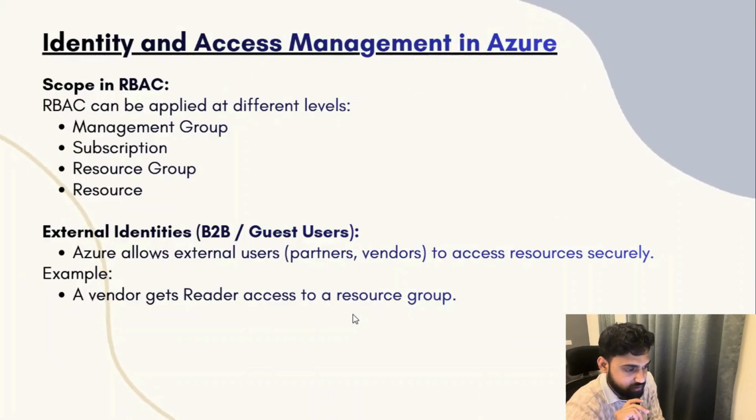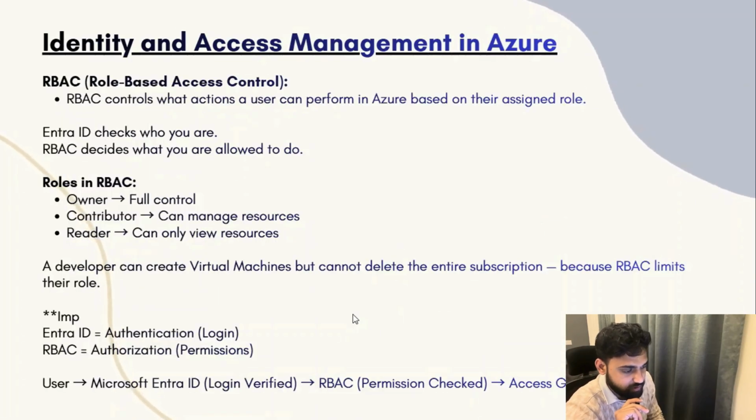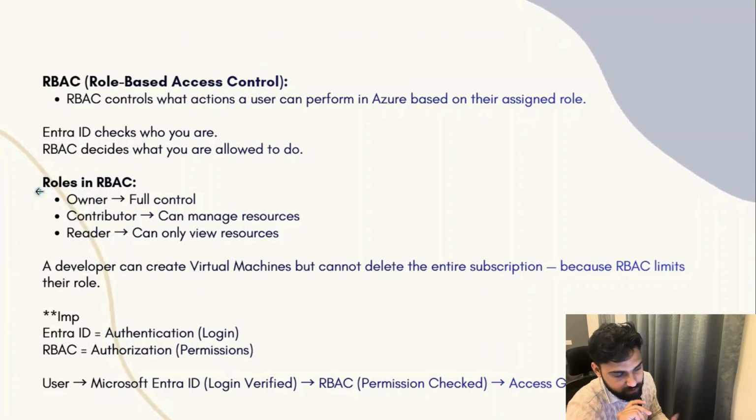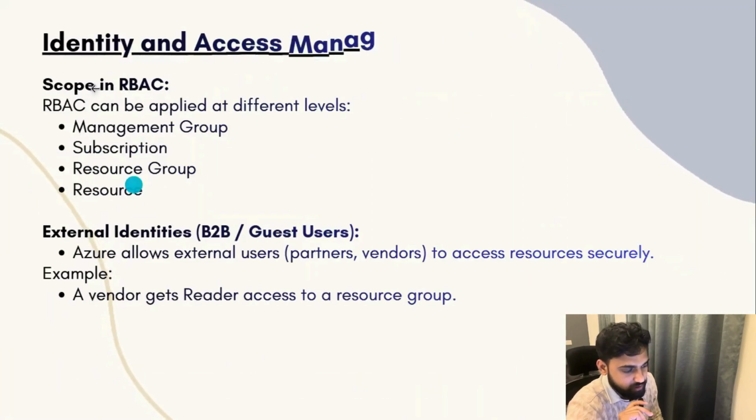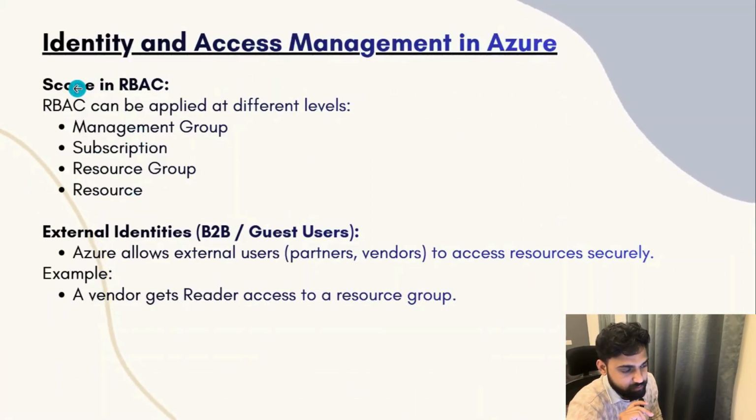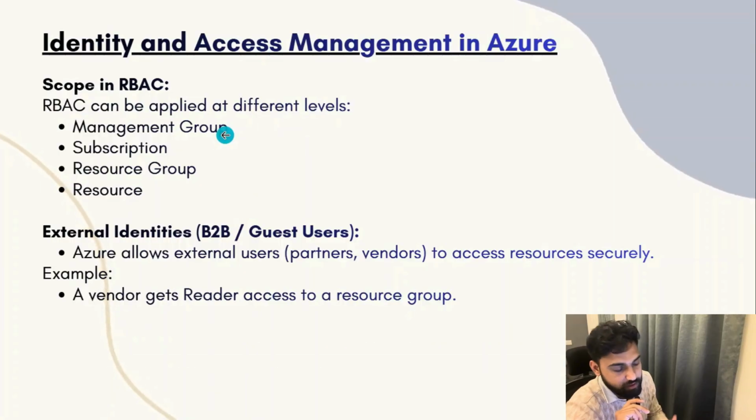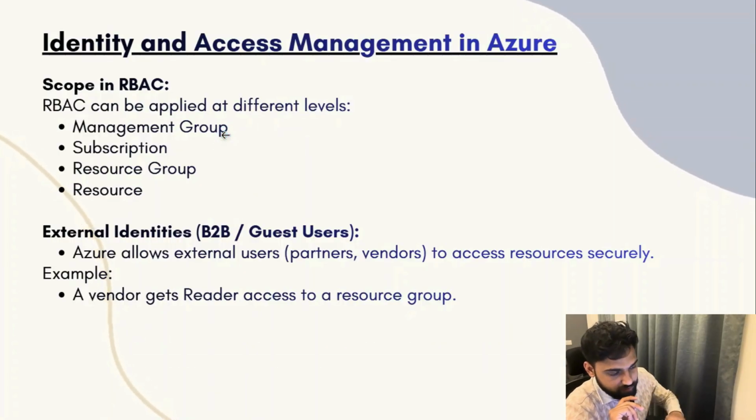You understand what is role based access control. Then we discussed what is a role in role based access control. Then we have the scope in role based access control. Basically scope is nothing but the level at which role based access control can be applied. The scopes are these four: management group, subscription, resource group, and resource.